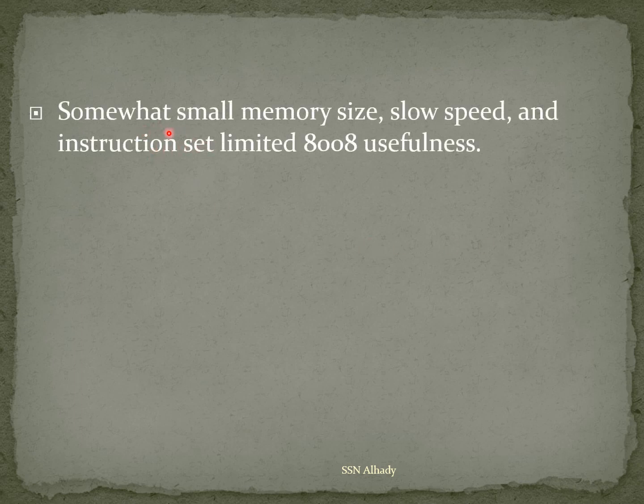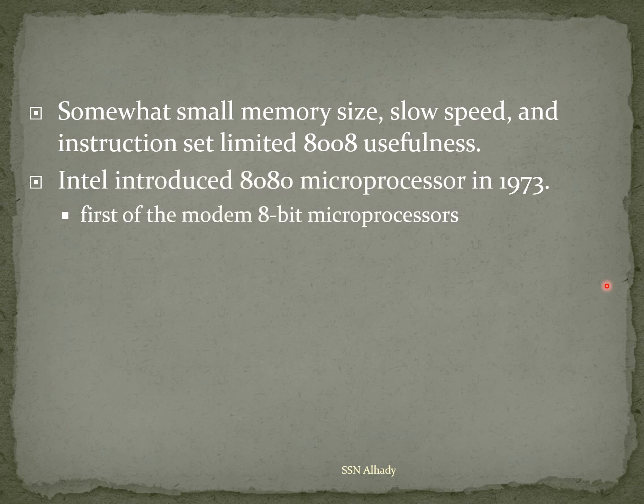Somewhat small memory size, slow speed, and a limited instruction set still limited its usefulness. Then Intel introduced the 8080 microprocessor in 1973, which is considered the first modern 8-bit processor.